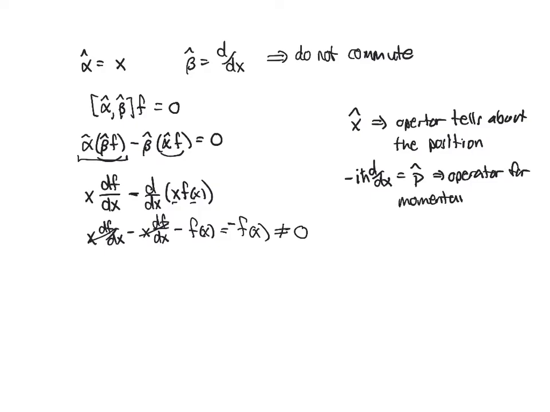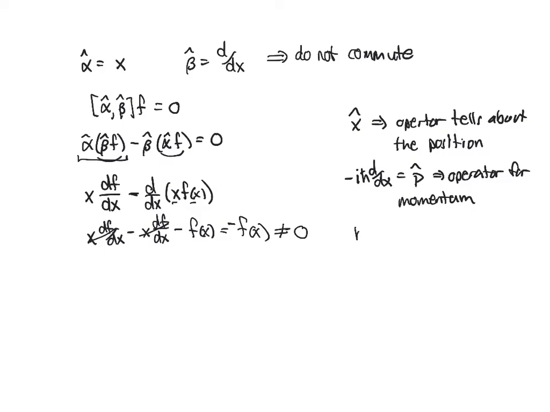Now, if two operators do not commute, that means that I cannot simultaneously know with exact precision both of those properties for the particle.